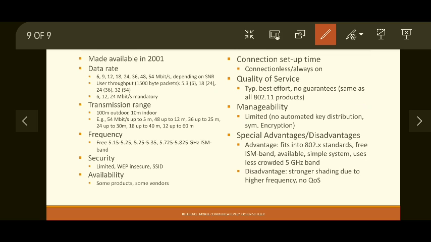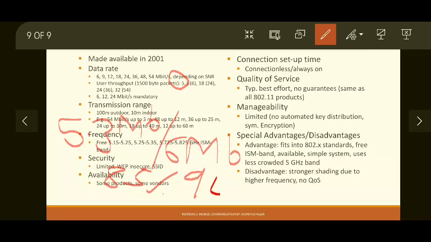The throughput is now modified to a very good level, like 5.346 Mbps. That means if a 6 Mbps data rate is supported, the user data rate will be 5.3 Mbps. If you take the ratio, it is around 85 to 90% of throughput.